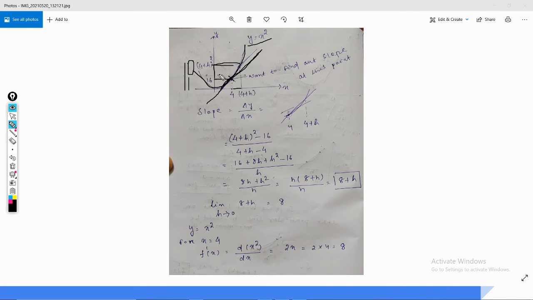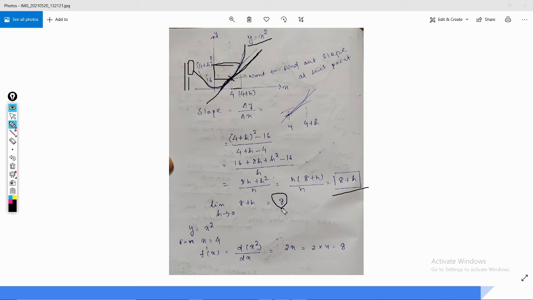We're just applying the formula here, (a plus b) whole square, and after simplifying everything, we finally get 8 plus h. If you apply the limit here, h tends to 0, you will get the final 8.